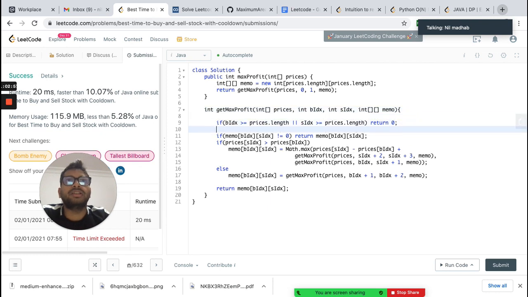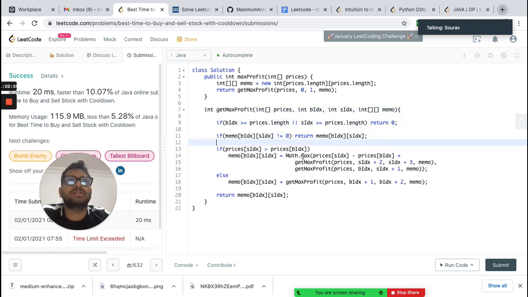So let's see what they have done. Now we have the base case that if buy index is greater than prices dot length, or sell index is greater than prices dot length, then we cannot do it anymore. We reach the end, so we return 0.